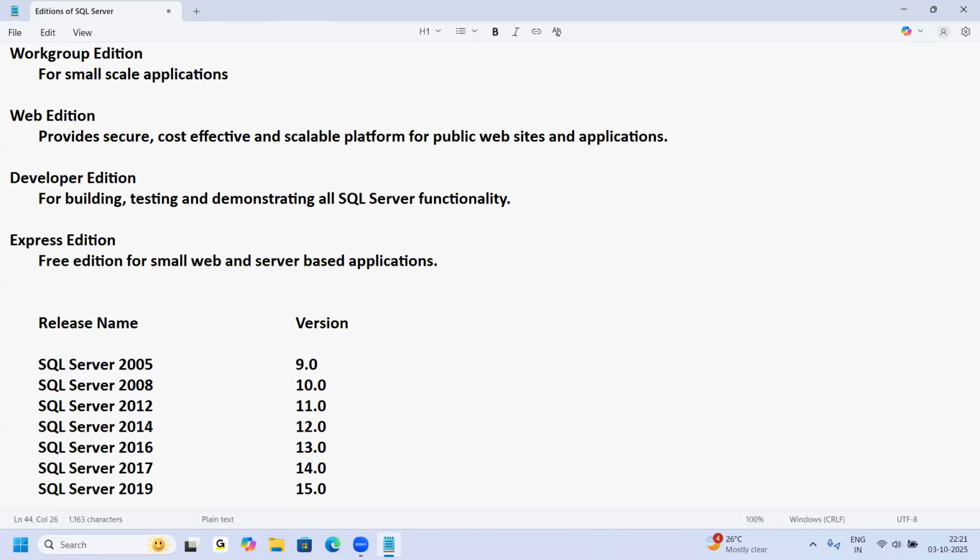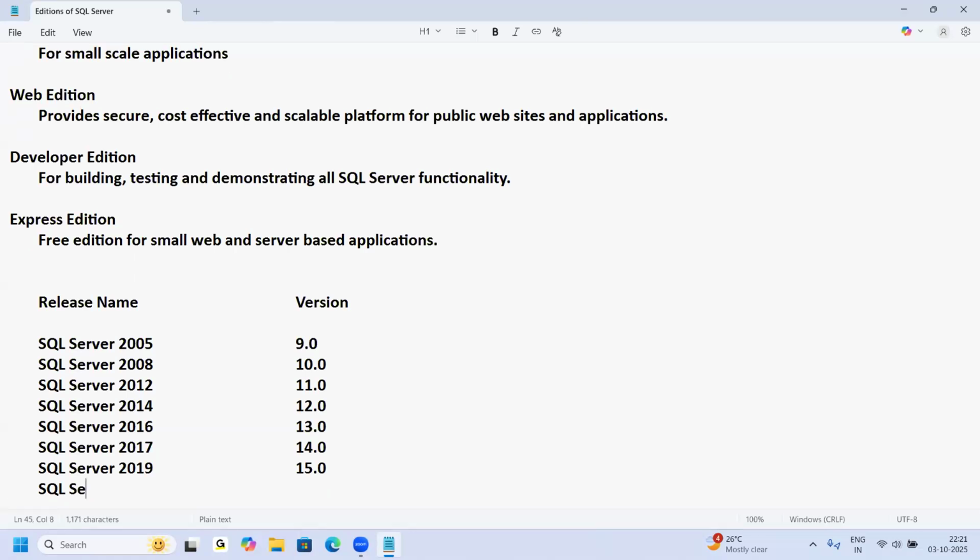If you have installed SQL Server 2022, it is 16.0. These are the numbers. Why did I say all this?